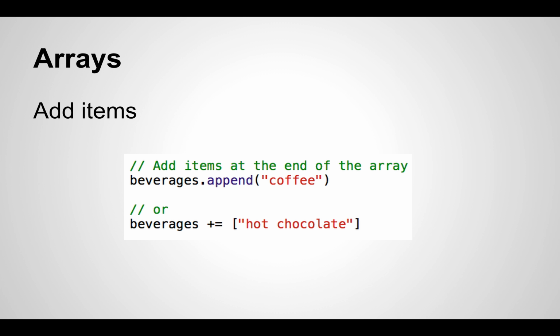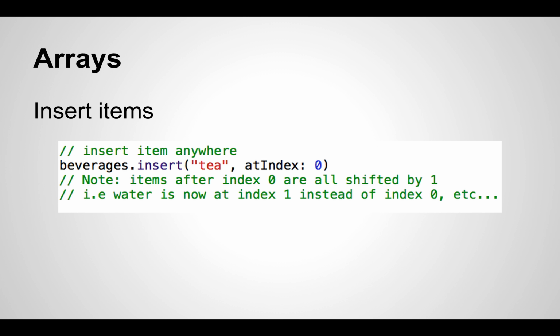It appends it to the end of the array, and if you want to access it, you have to use the last index. Now, here is another way to insert, but instead of inserting at the end, you can specify where exactly you want to insert. So beverages dot insert, and we're going to insert the T at index 0. So this T variable comes at index 0, at the very beginning.